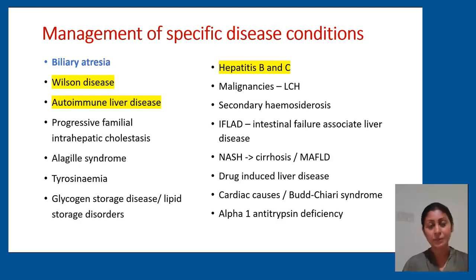However, if you take the pediatric liver diseases, unfortunately, only very few diseases are there which can be cured or controlled by specific medical therapy. It's only Wilson disease and autoimmune liver disease you have specific therapy, and sometimes the viral illnesses like hepatitis B and C. If you look at this list, all the other disorders would ultimately require liver transplantation if they present late, or some of the disorders, anyway, will require liver transplantation.